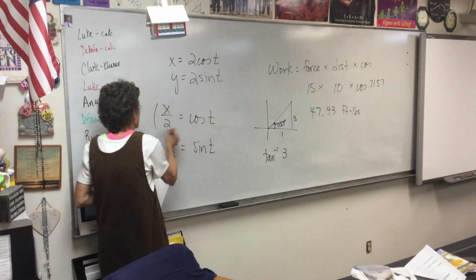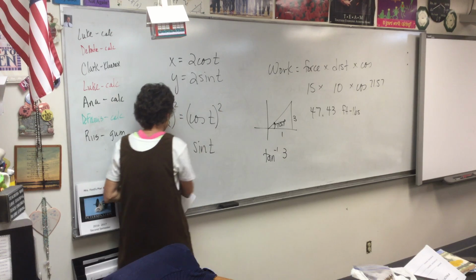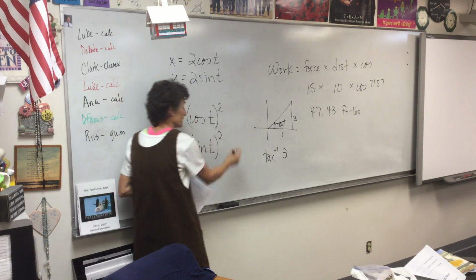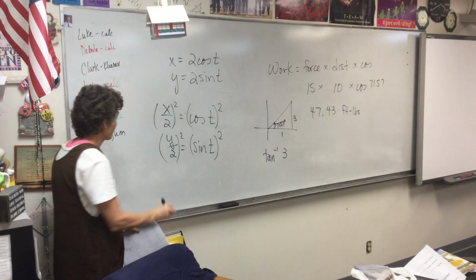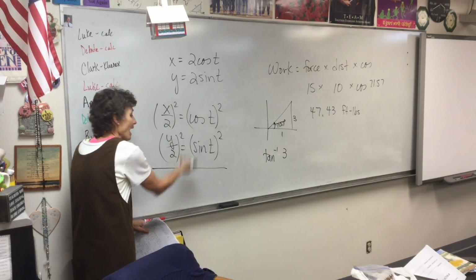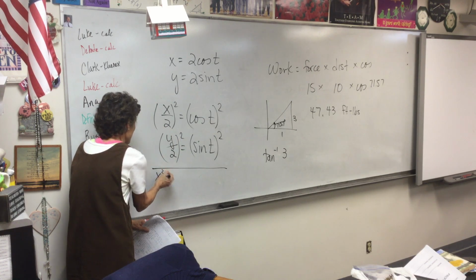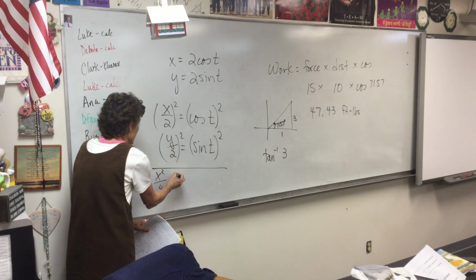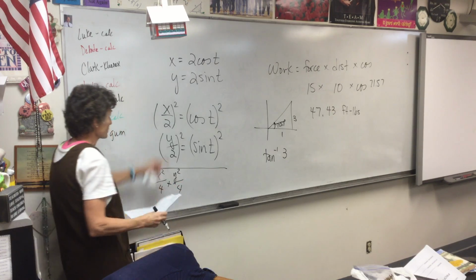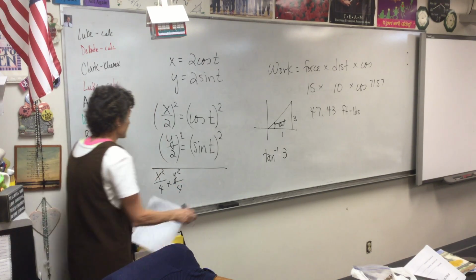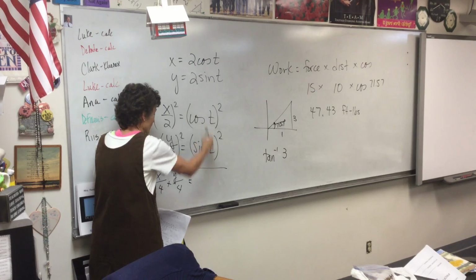Square. If we square everything, perfectly legit, we're just squaring both sides. And now I add my equations together up and down. I'll have x squared over 4 plus y squared over 4. That's what's on this side. Equal to, what's this? 1.